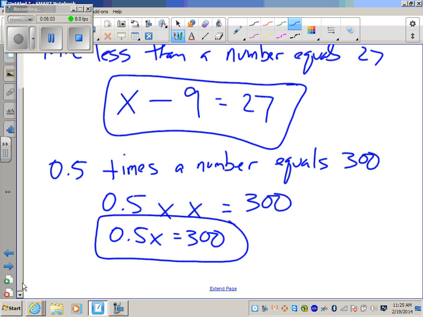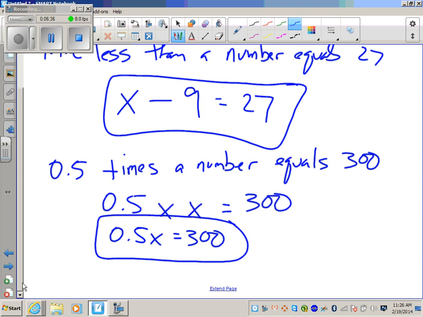When I have a number like 0.5 jammed up right next to a variable, in this case x, without anything in between, it always means multiply. Without having to use a times sign to show multiplication, I just take that number and slam it up against the variable, put nothing in between. So 0.5x equals 300. And that's how we would do that one.